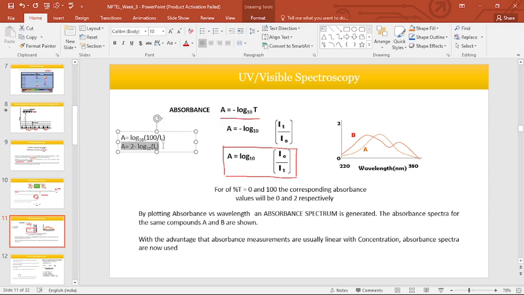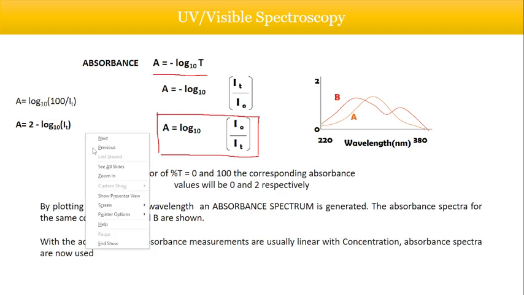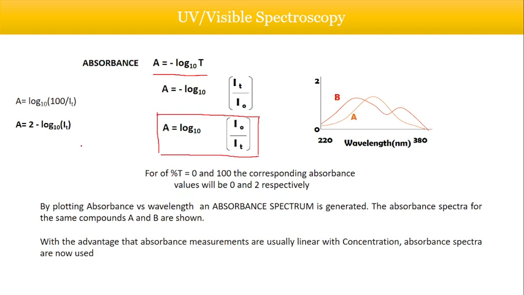This is also an important equation which you can keep in mind. It will simplify the solving of your absorbance formula when you know that the value of IT you would be getting in percentage.